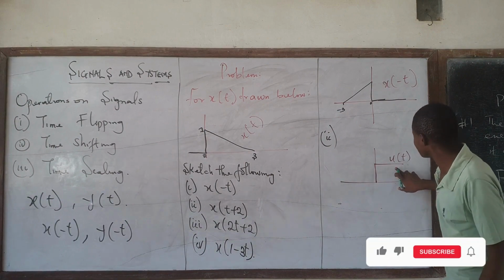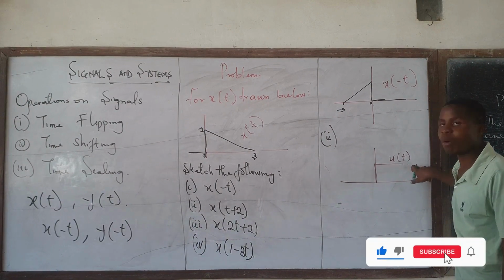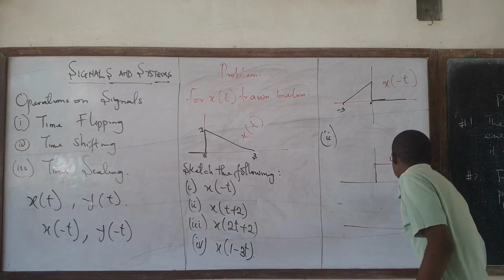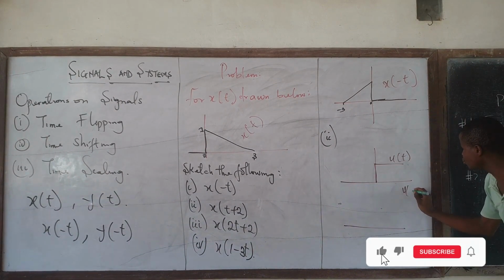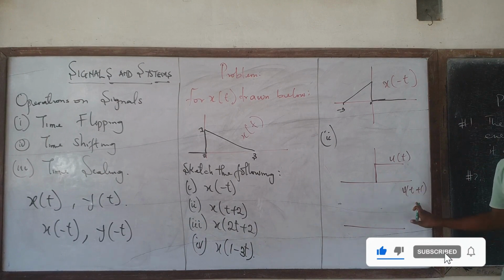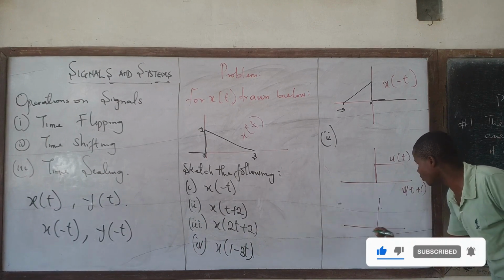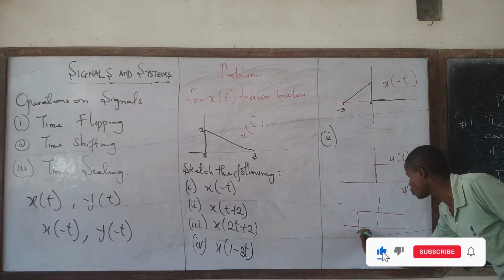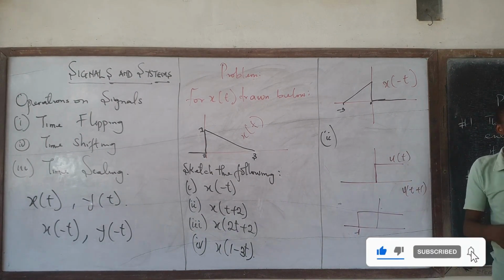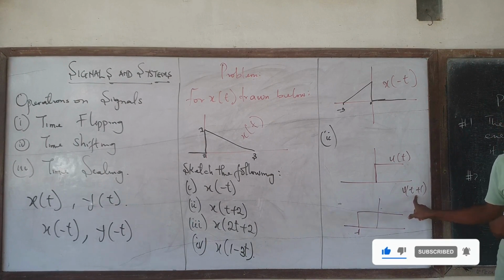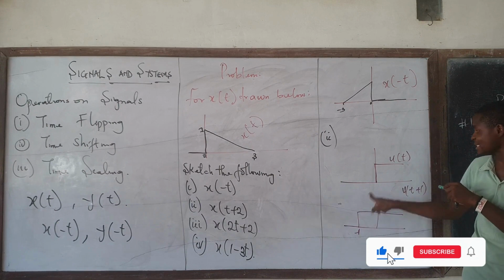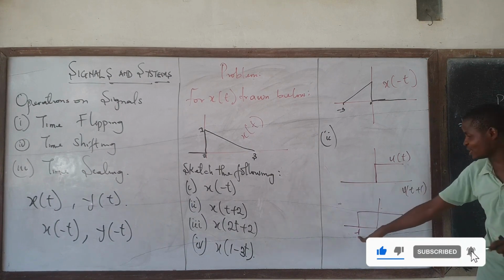If I want to advance u of t by 1, I will write u of t plus 1. That means u of t is advancing. When I draw this, it starts from minus 1, as against what you see here, which is plus 1. This signal u of t is advancing.